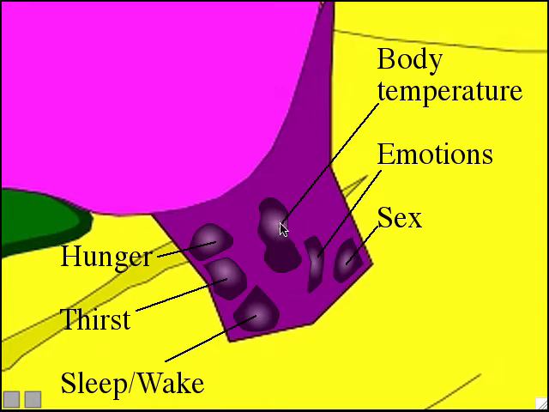So there's certain areas within the hypothalamus that help regulate your body temperature. There are areas in the hypothalamus that regulate your sleep and wakefulness cycles. There are areas in the hypothalamus that regulate your thirst, and areas that regulate hunger and your sex drive and your emotions. Now, you might say, wait a minute, we already talked about those.